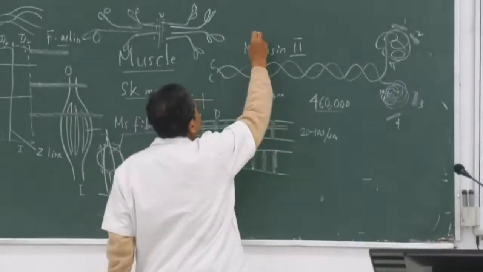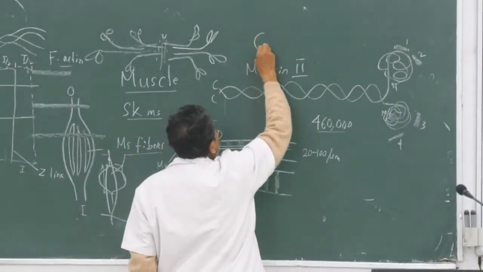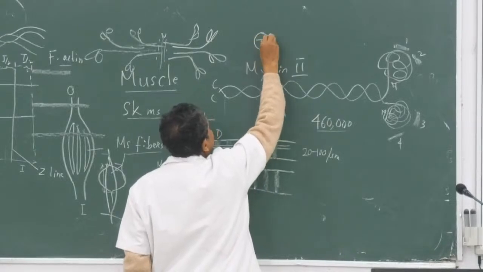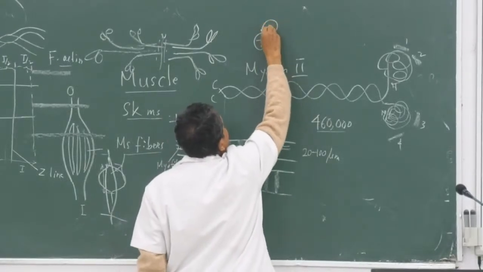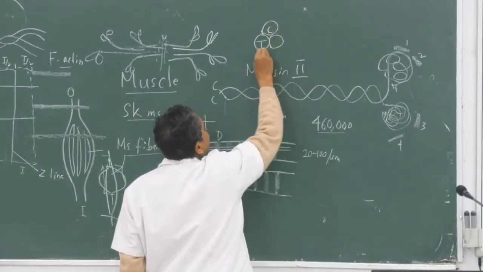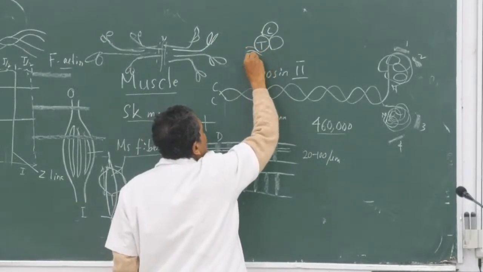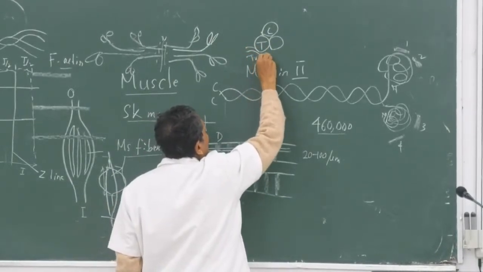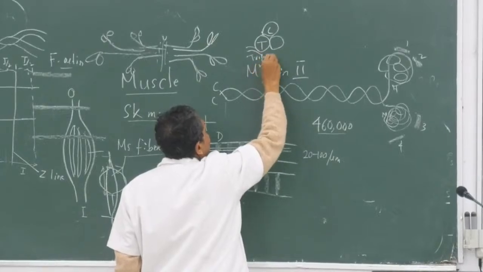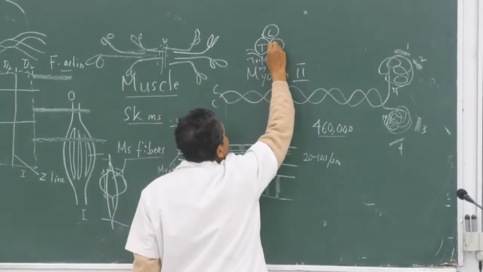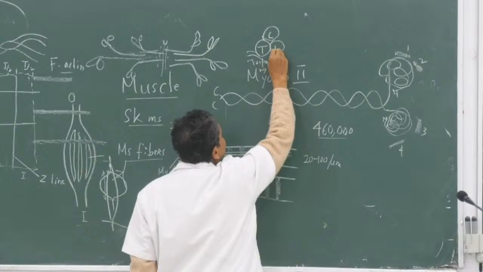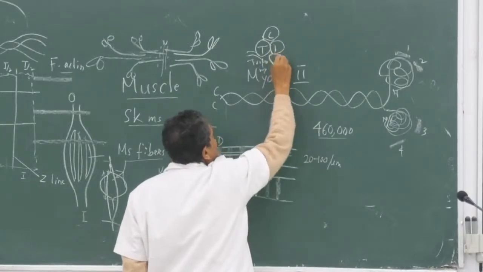The basic concept, suppose it is the troponin T and it is the C and it is the I, and T unites with the tropomyosin, and troponin I unites with the actin monomer.